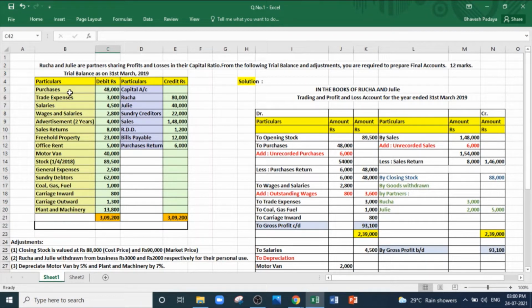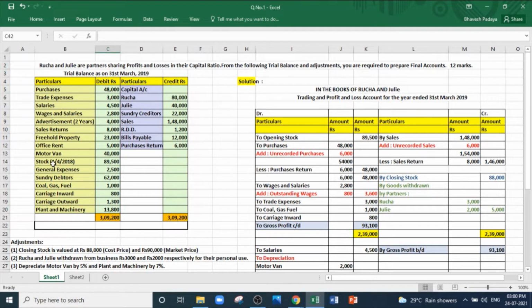You have purchases, trade expenses, salaries, wages and salaries. Advertisement for 2 years. See, here you have in brackets that advertisement is for 2 years. So this is a hidden adjustment. Sales returns, freehold property, office rent, motor van, stock.